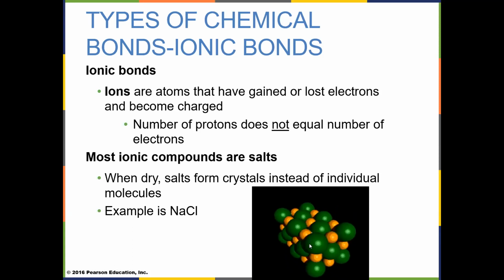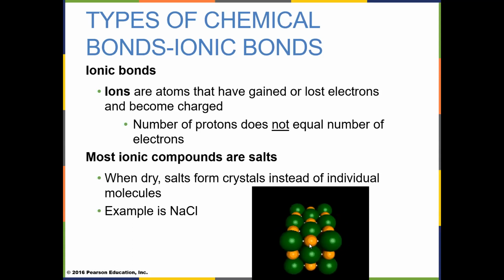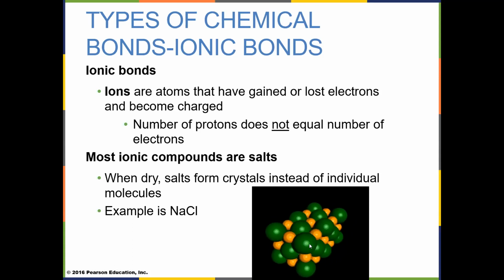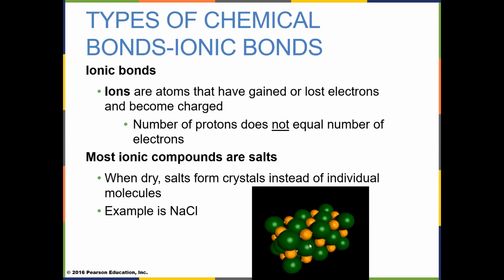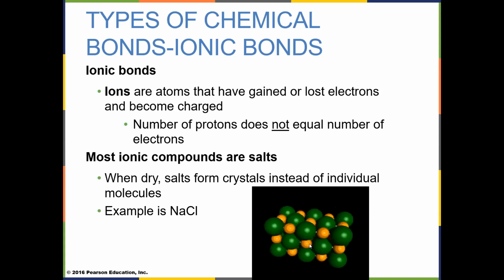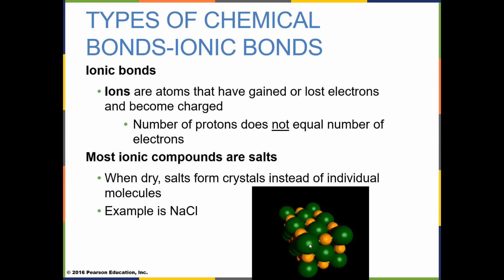We have the large chloride ion and the negative, there's a large chloride atom in green and the small sodium atom in yellow, but they're no longer atoms, they're ions because they have gained or lost electrons. So ionic bonds, we find them in our salts.